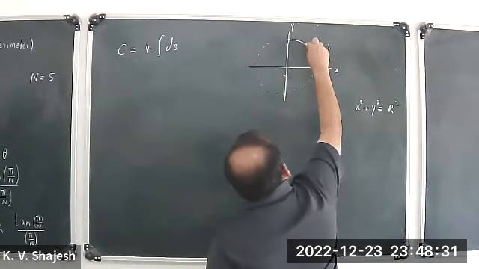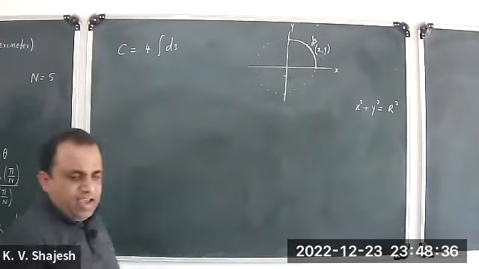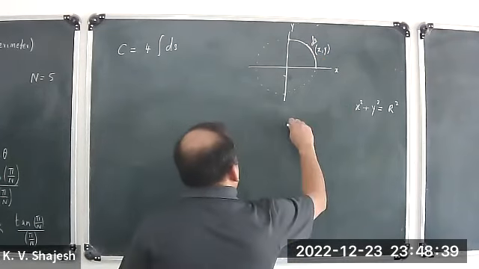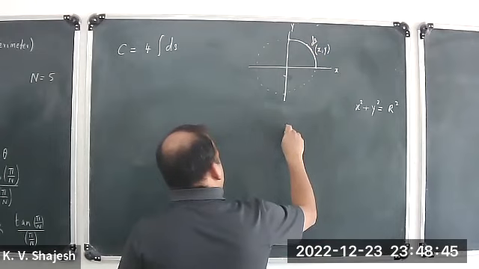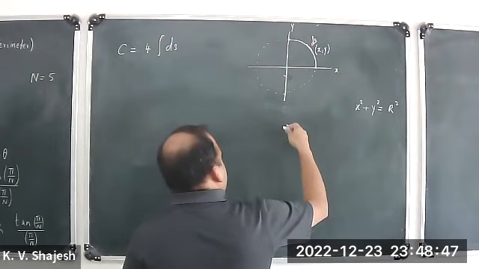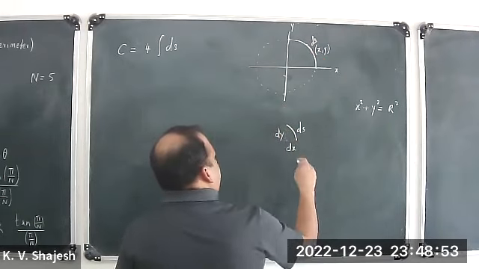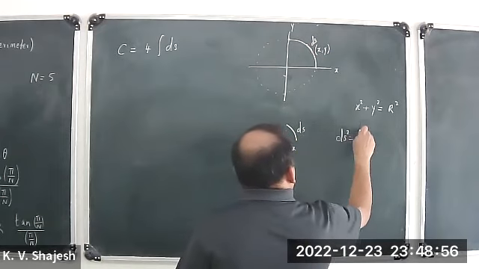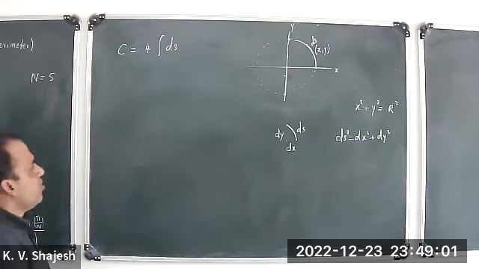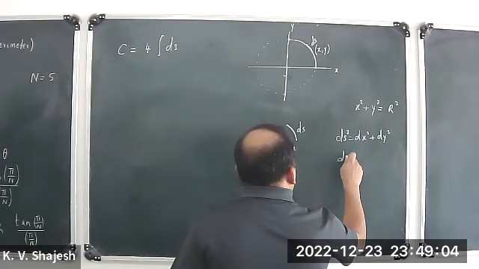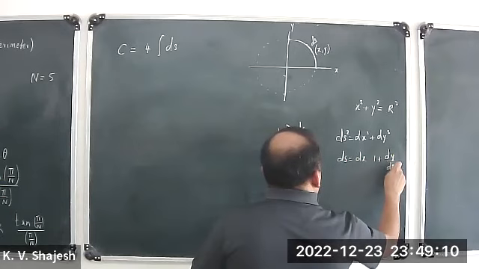Take an arbitrary small element here, and let's say that's ds. And in the extreme limit, this tiny element can become a straight line. So we are taking the calculus limit. So this is dx, that's your dy, and that's your ds. So we say ds square is equal to dx square plus dy square. In the infinitesimal limit, that's true. So we can say ds is equal to dx times square root of 1 plus dy by dx, the whole square.